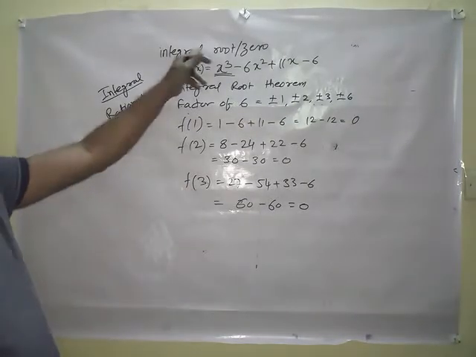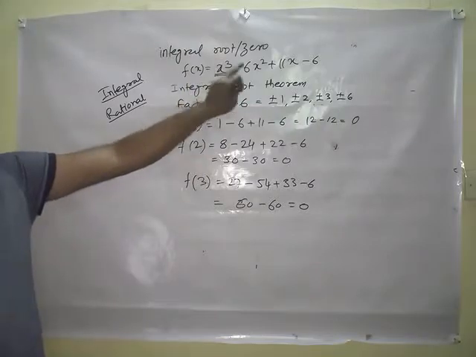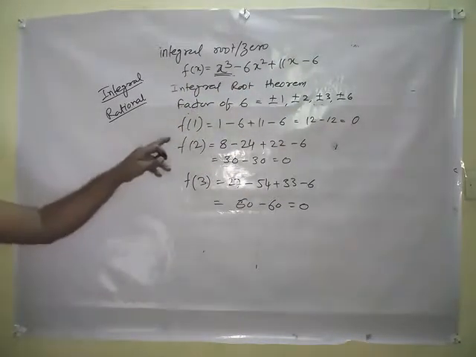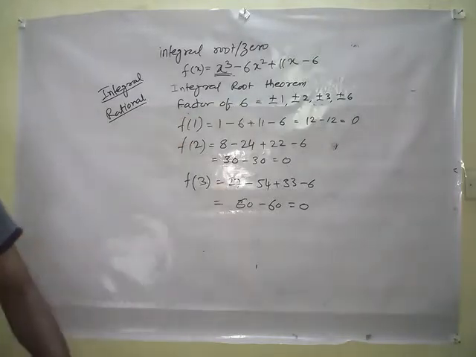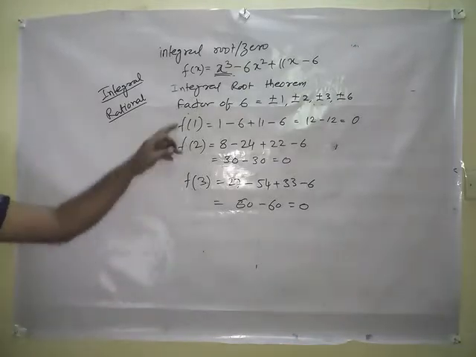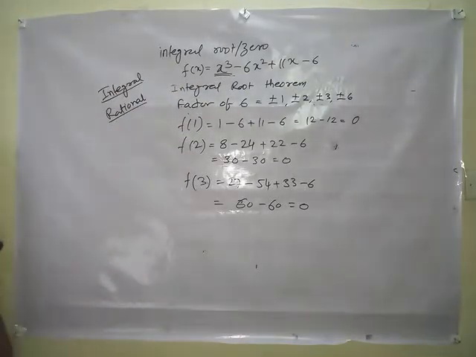So 1, 2, 3 are the zeros or roots of this cubic polynomial equation having 4 terms. If you try any other value, you will not get 0, because this equation can have only 3 zeros or roots.